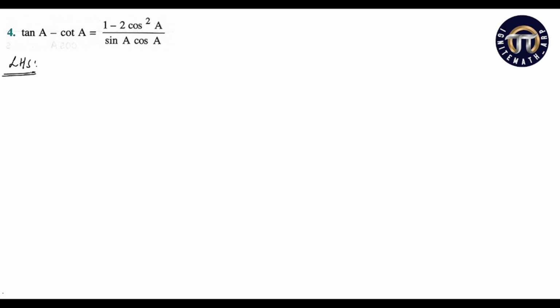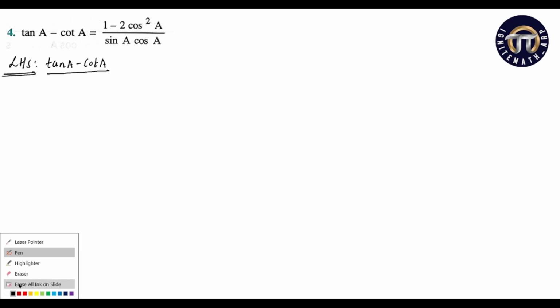Clear, children? So now I will take LHS. LHS is tan A minus cot A. I will not write any denominator because no denominator is given over here.